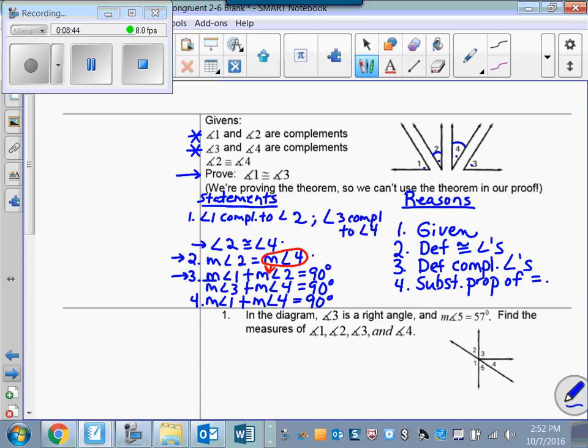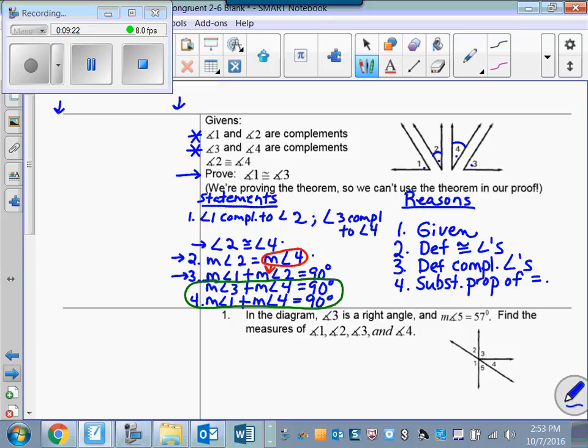All right, now, if you look at these two steps together, you have two quantities here, the measure of angle 3 plus the measure of angle 4, and the measure of angle 1 plus the measure of angle 4, that both equal 90 degrees. So what I can do then is I can say that the two left sides equal each other by the transitive property. So let's see, I think I'll come up here and do that.